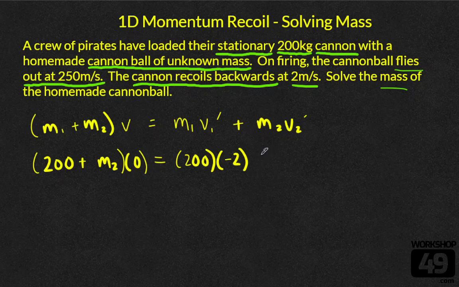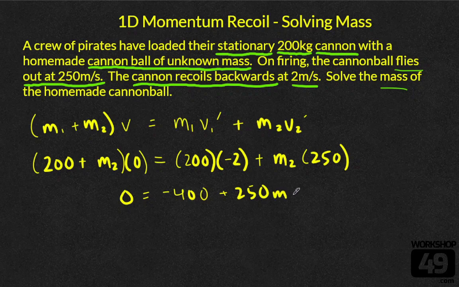Do not stand behind the cannon when firing. Plus M2, the cannonball is still unknown, but we do know the velocity of the cannonball after it's fired. It's 250 meters per second. And we can go ahead and clean this up. Because all of this in the beginning is multiplied by 0, that's going to equal 0. Negative 400 plus 250 M2.